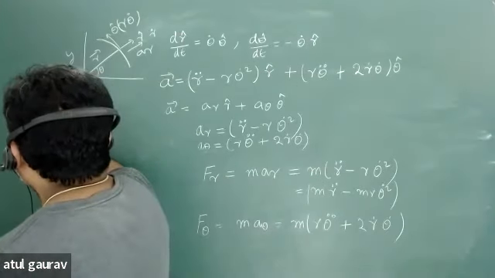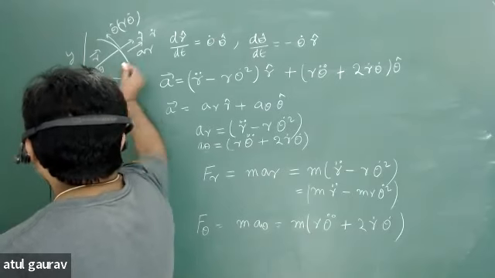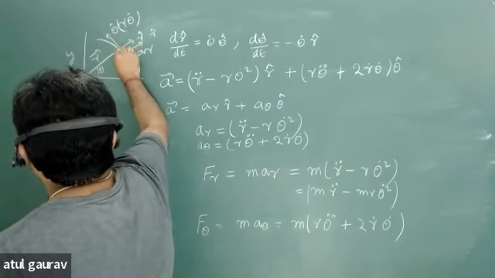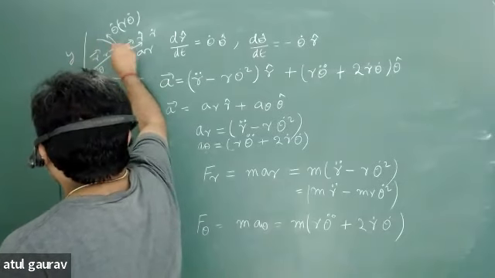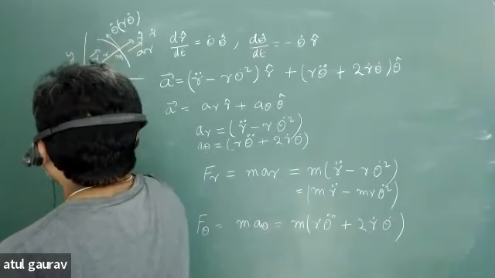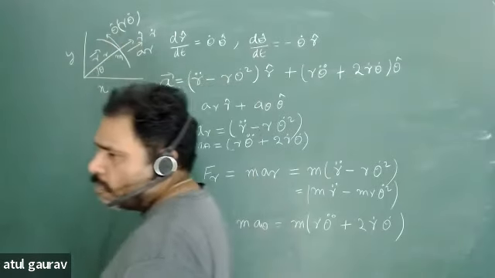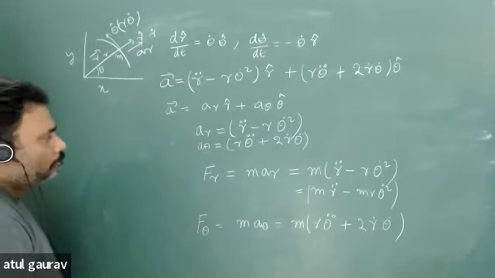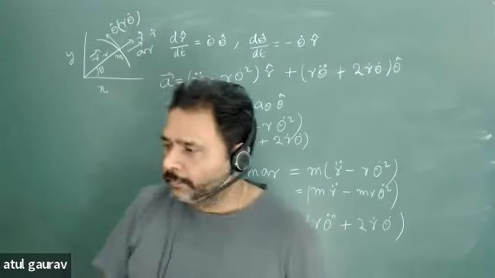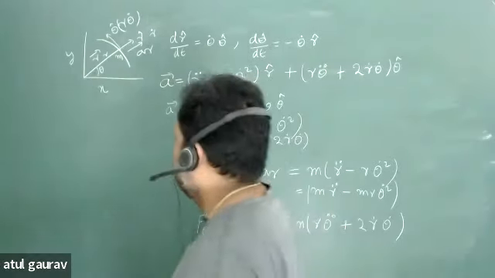Now let us go for one particular expression. Suppose the particle has mass m and is rotating at radius r. What will be the angular momentum? R cross P, isn't it?